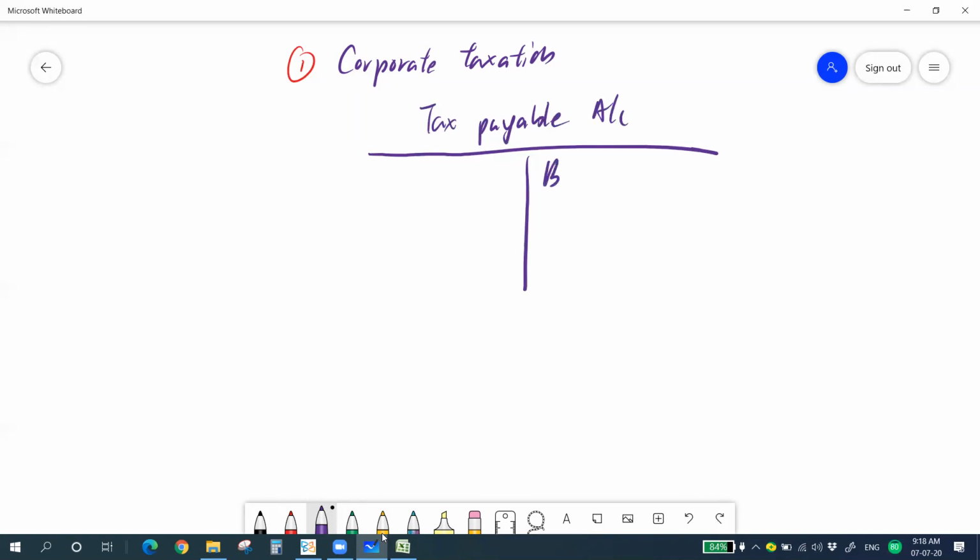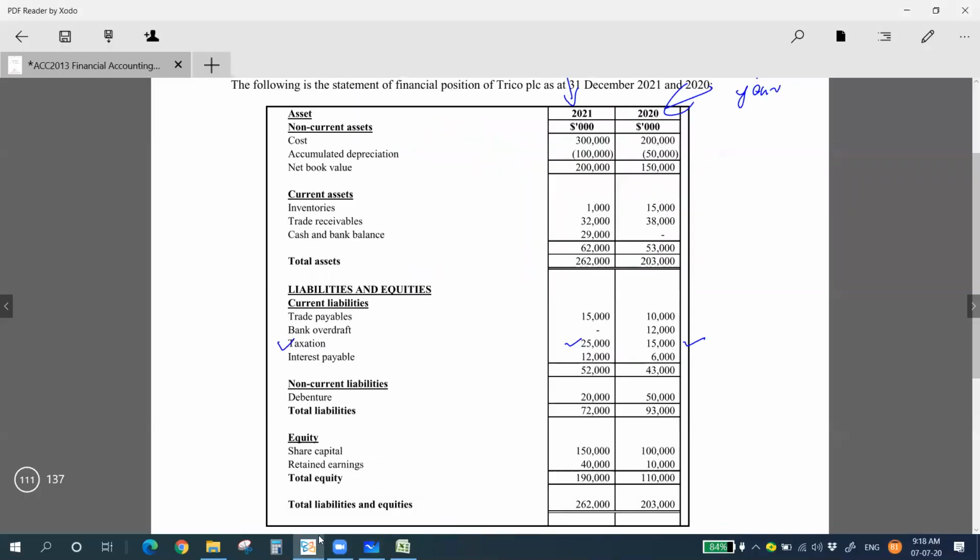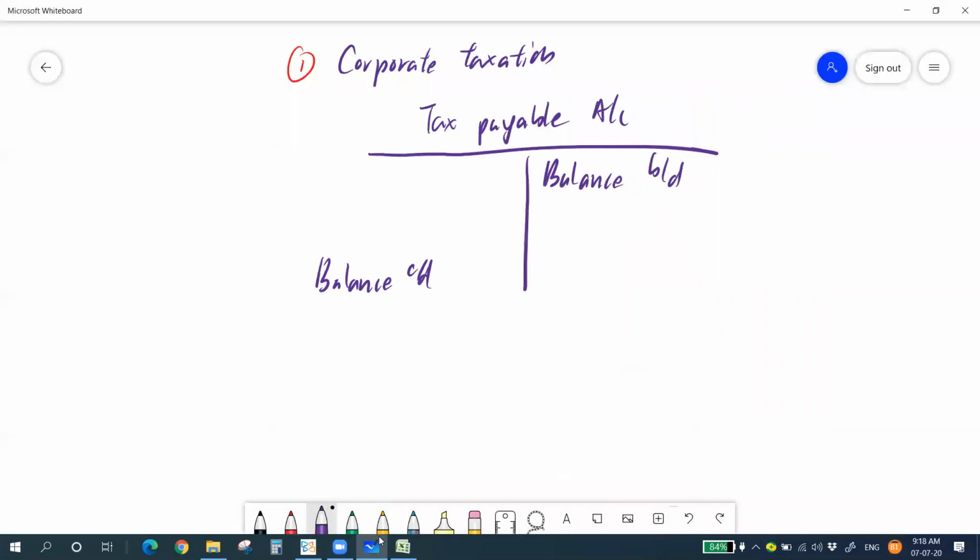We have a balance BD at the credit side and also a balance CD at the debit side. For the opening balance, what is the amount? The opening balance is 15,000. The closing balance is 25,000. So we write down 15,000 as the opening and 25,000 as the closing. All right.